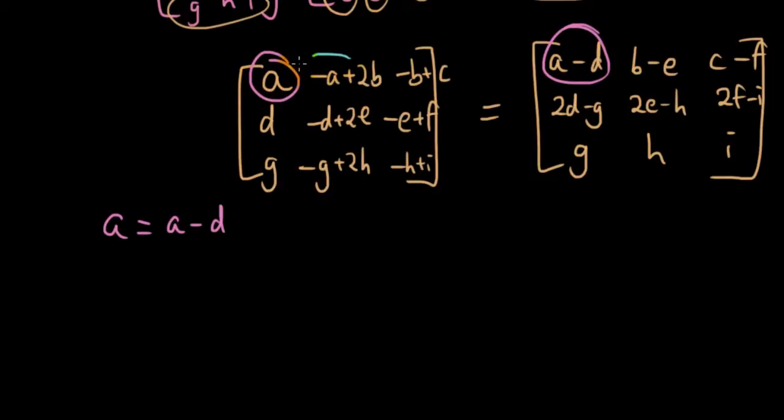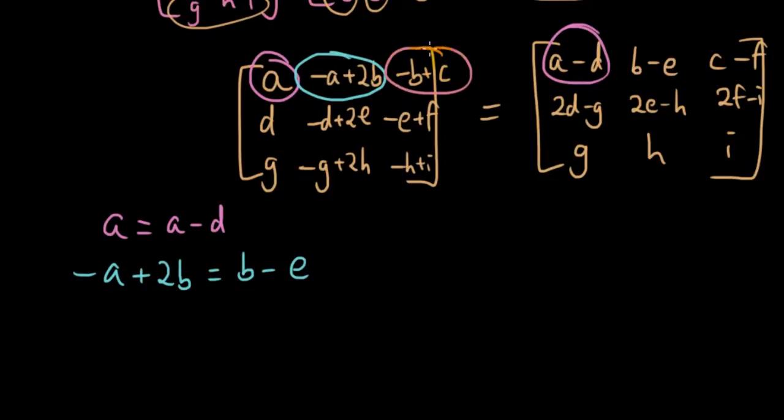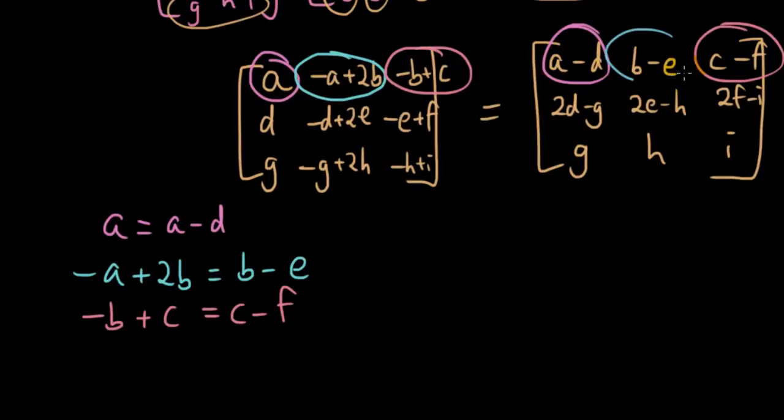Let's just write it all out, see what happens. So I have negative a plus 2b equals b minus e, and then I have negative b plus c equals c minus f, and that's that one, and the middle one was that.